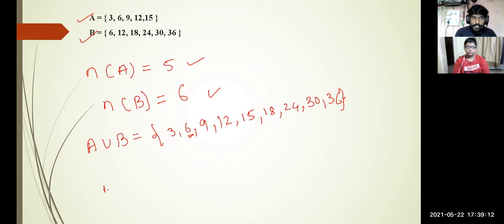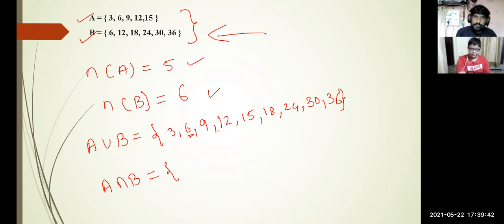Now, can you tell me what is A intersection B? In the middle there would be 6 and 12.